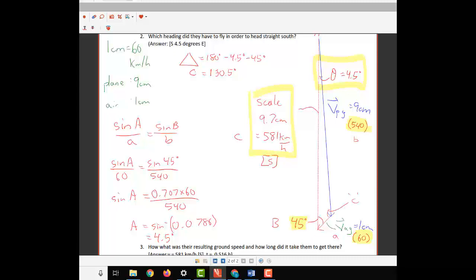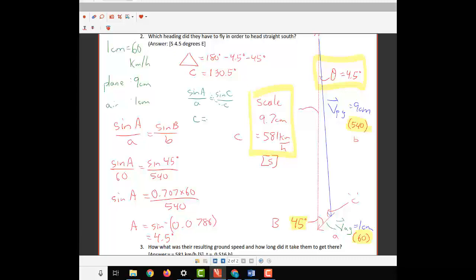If we go through the process of what we've done here before using sine law, so sine A over A is equal to sine C over C. So this is all getting a little crowded right here. So we'd have to do some cross multiplication.